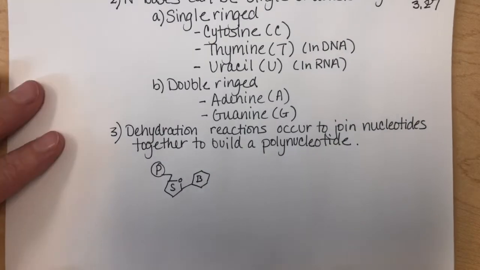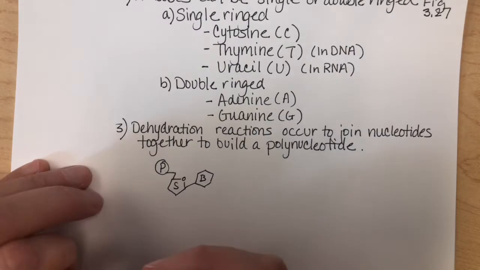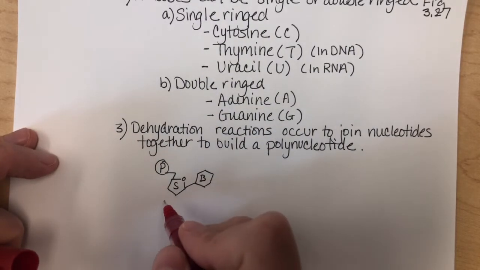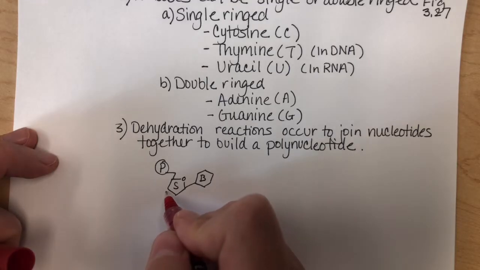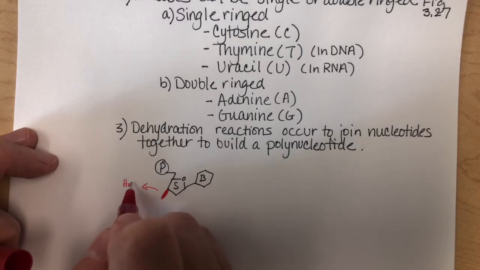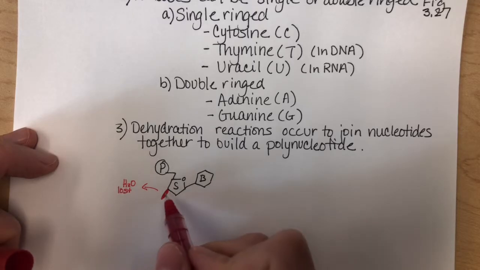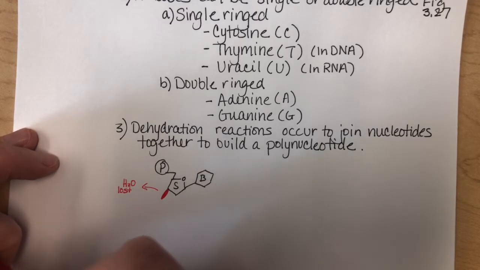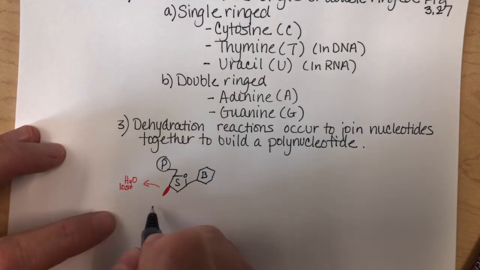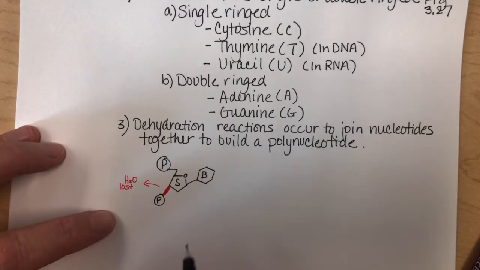Okay, so then how do we hook another nucleotide to it? One molecule is going to lose an OH, one is going to lose an H. So what's going to happen is I'm going to put this bond, this is the new bond, so water would be lost. And this new bond that is formed will then hook onto the next phosphate group of the next nucleotide.